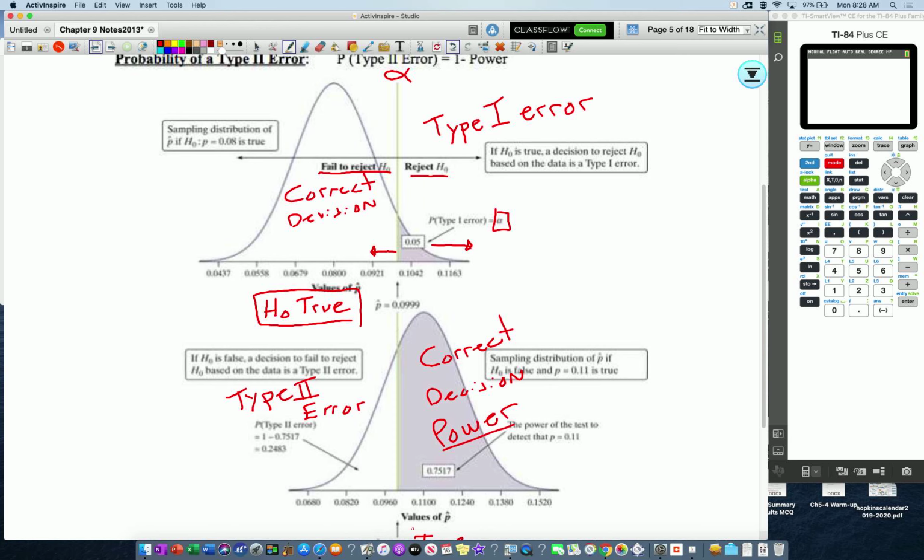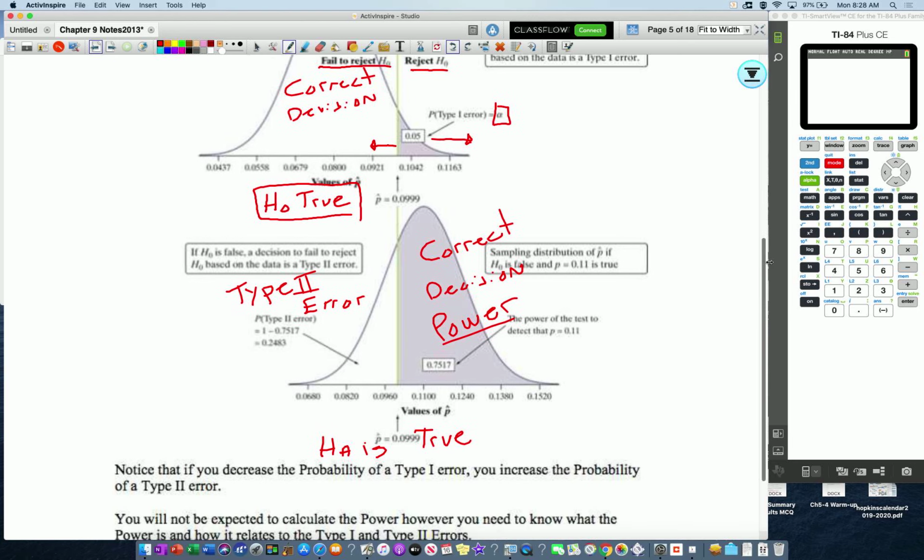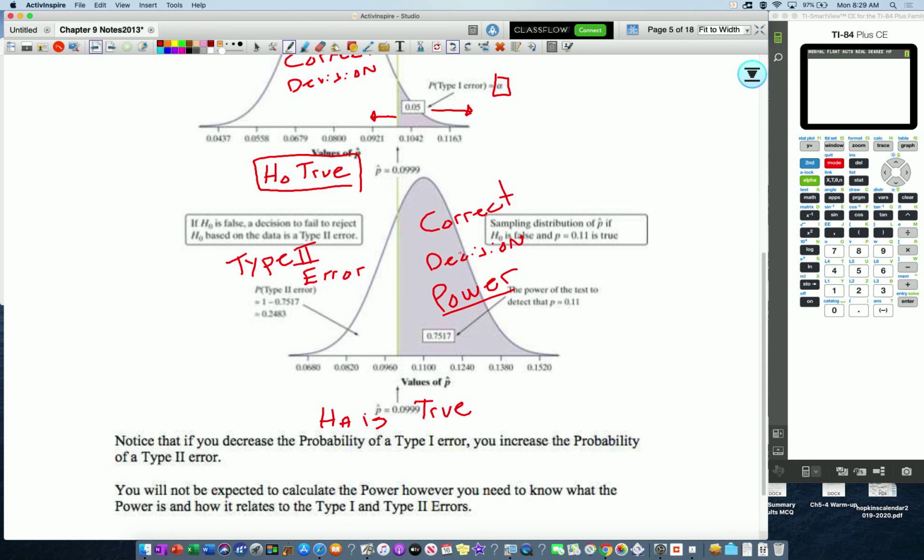But now, how does the type 2 error come into play? The thing is, we have to have the alternative. So here's this either p hat right here, or you could say x bar. This value becomes our alternative, and we assume that that is the actual true proportion in this case.